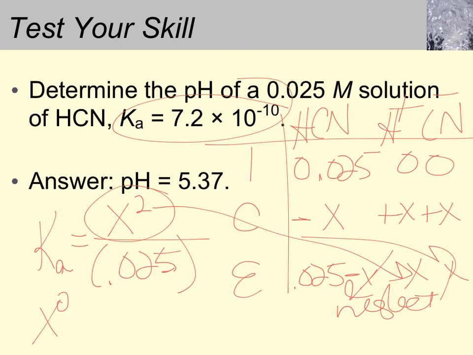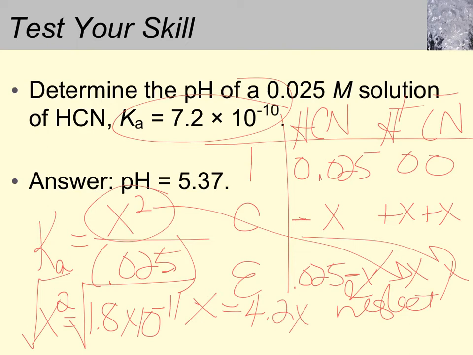X squared equals 1.8 times 10 to the minus 11. So take the square root of both sides, and that tells us that x equals 4.2 times 10 to the minus 6.